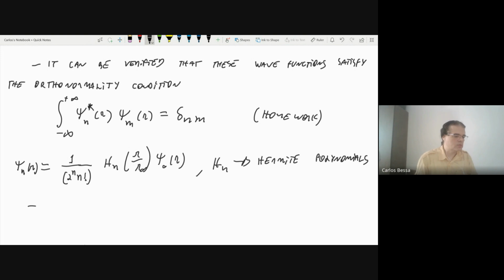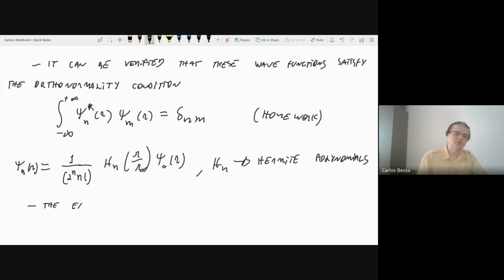And also, if we want to prove the minimum uncertainty, we need to see the variance, the expectation values in the momentum and position.